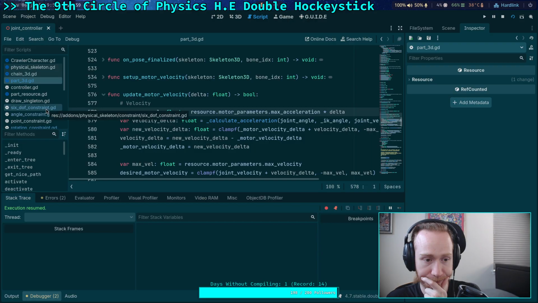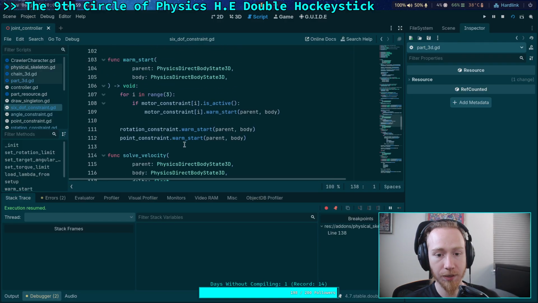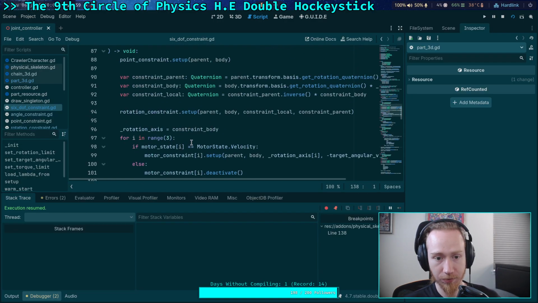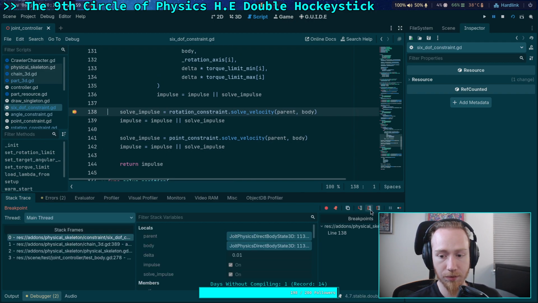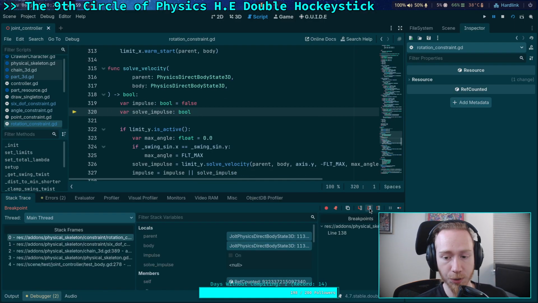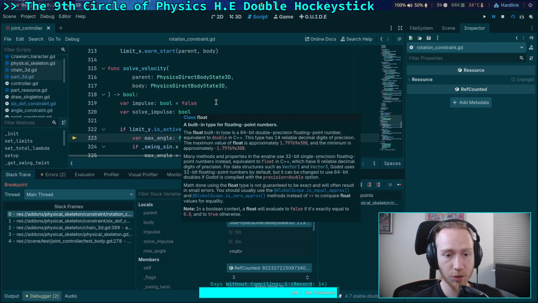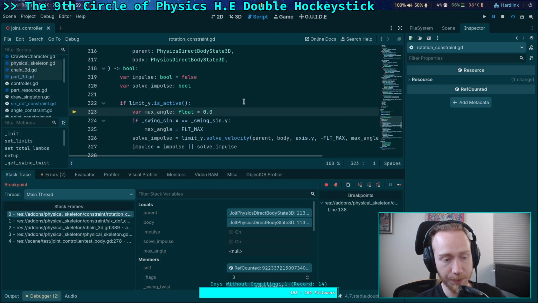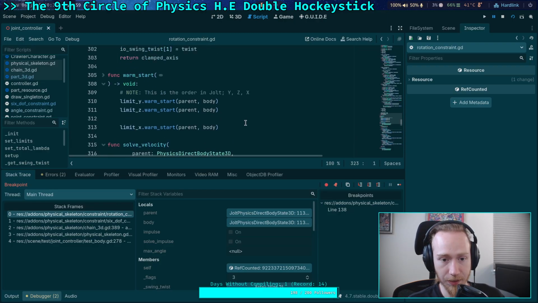Where was I going? I was going here. This is definitely wrong. Some part of this is wrong. Because it just destroyed all the Y velocity and it should not have done that. So which part of these does it? So limit Y active. The difference is that limit Y is not quite like that. Limit Y is operating on a different sort of axis.